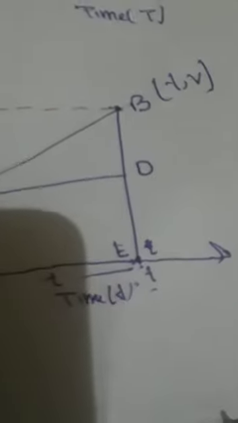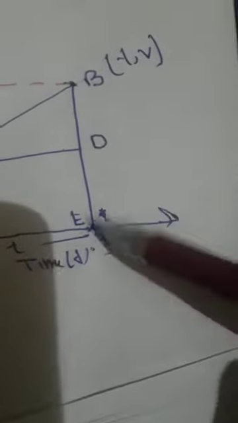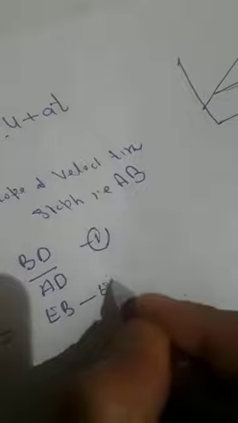If you look towards the figure, BD can be written as EB minus ED, divided by AD. So a is equal to (EB minus ED) divided by AD.